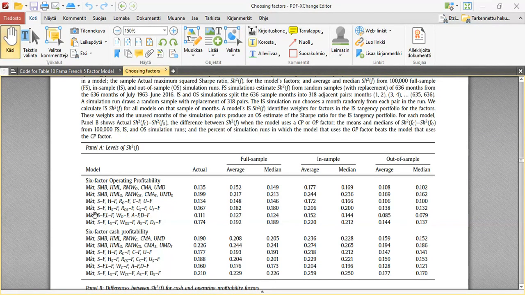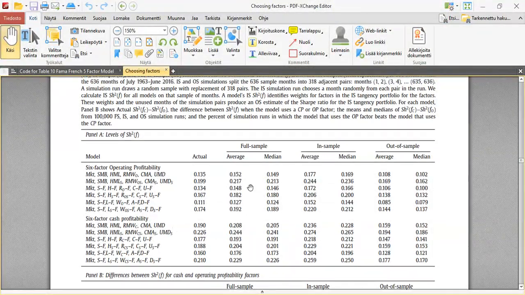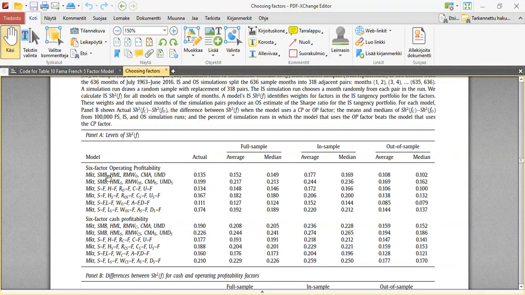If we do a full sample simulation, which means that we draw with replacement from this whole sample and create 100,000 artificial samples, we again estimate the maximum squared Sharpe ratio for the 6-factor model using operating profitability and the 6-factor model using cash profitability.